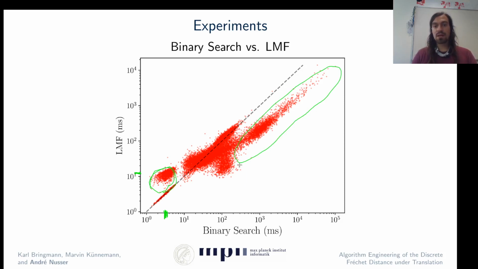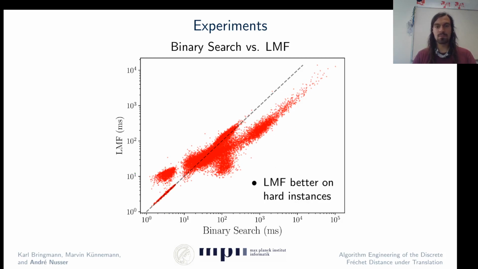So for the hard instances here, it's actually below the diagonal, which means that Lipschitz meets Fréchet is significantly faster, something like 1 order of magnitude faster than binary search, or maybe factor 5. So that's pretty good, because that's what we're trying to optimize for. We try to reduce the running time for the hard instances.